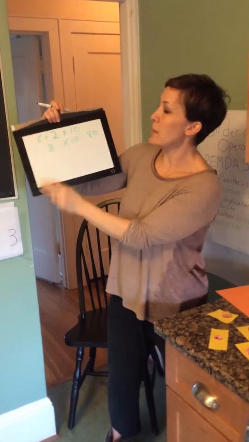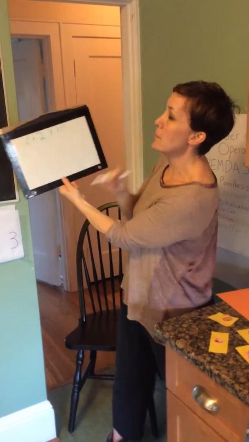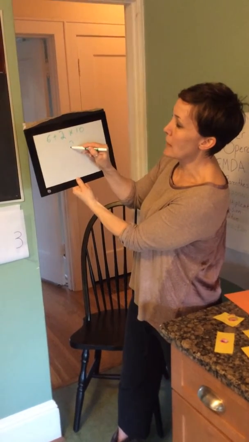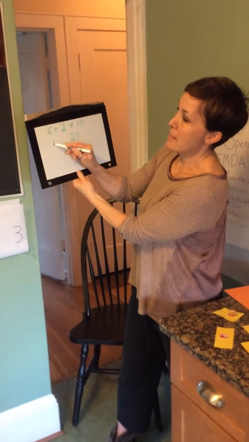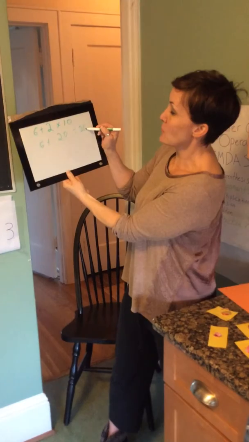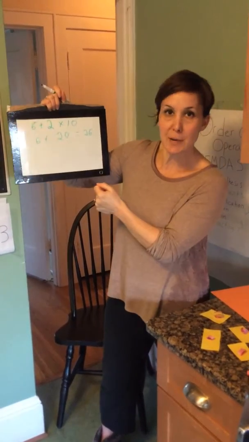That might be one way to do it. You also might do the multiplication first. 2 times 10 equals 20, and then 6 plus 20 equals 26. That's a pretty different answer between 80 and 26, right?